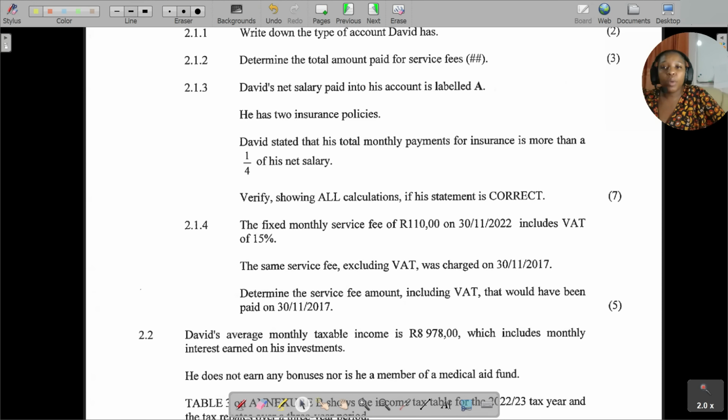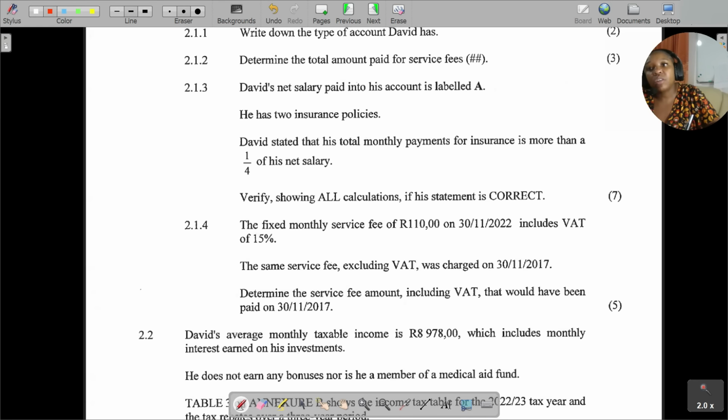Question 2.1.3: David's net salary paid into his account is labeled A. He has 2 insurance policies. David stated that his total monthly payments for insurance is more than a quarter of his salary. Verify, showing all calculations, if his statement is correct.